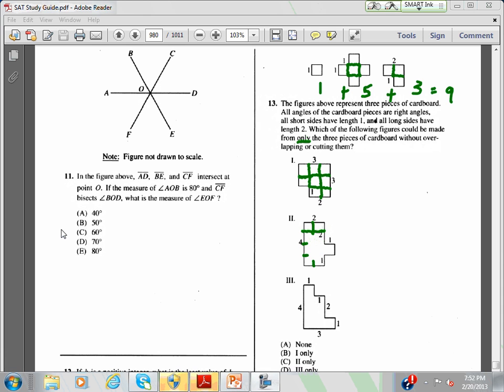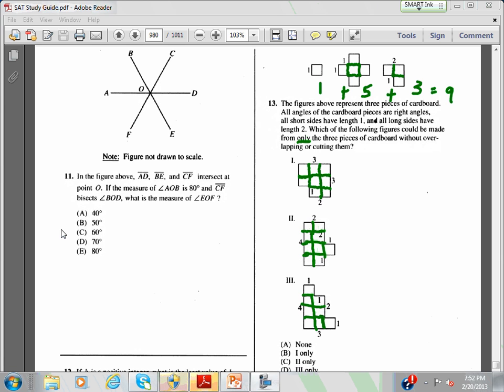Just gonna fix that up a little bit. Okay, so it's pretty ugly, but I think you get the idea.